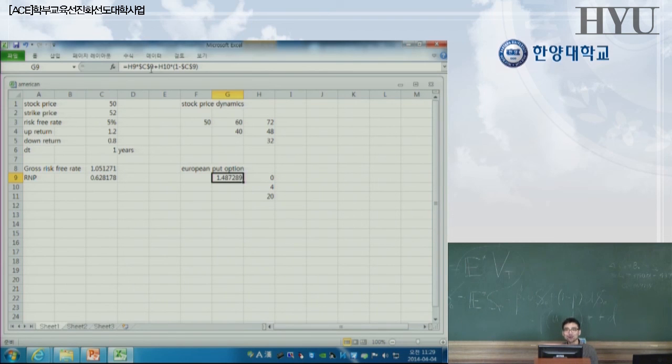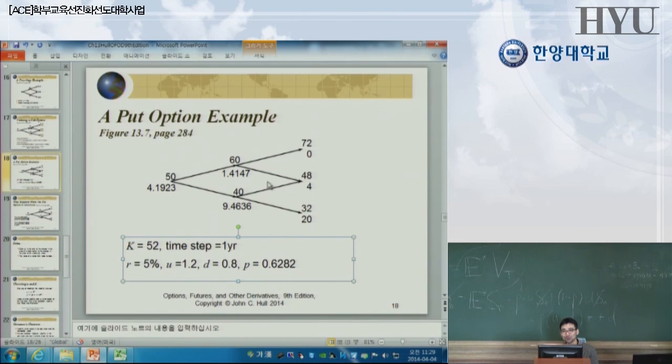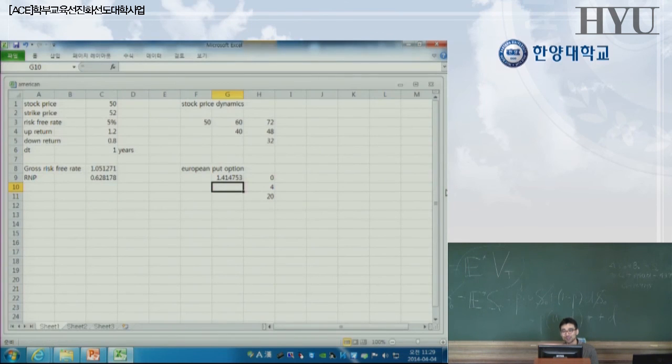So at this point 0 times this one, 1 minus this times this one, so this is the expected value, but I have to discount it back. I have to discount by dividing by simply this one, F4. So it is 1.41475. This is the expectation of this part, H10, H11, C9, 1 minus C9, and discounted.